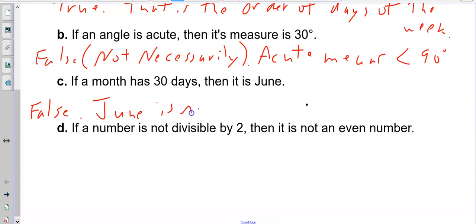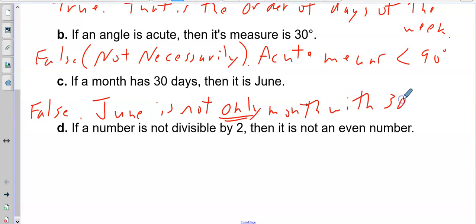June is not the only month with 30 days. For example, April has 30 days. Okay, so 30 is not the only acute angle measure, and June is not the only month with 30 days.